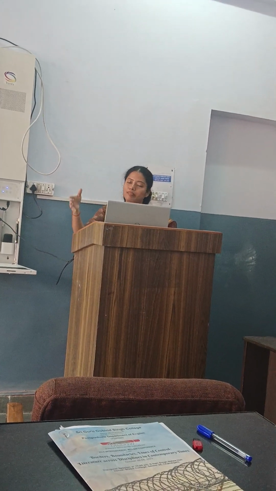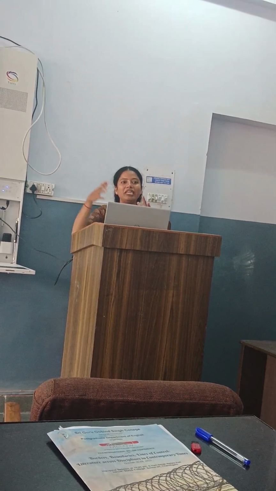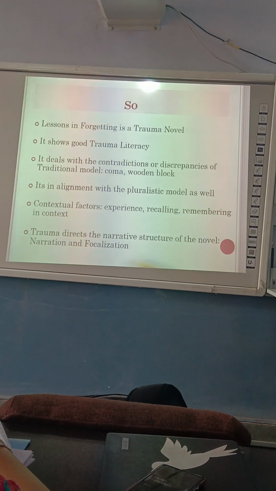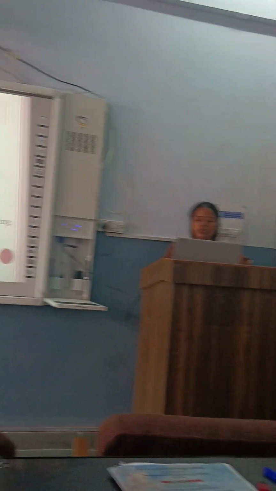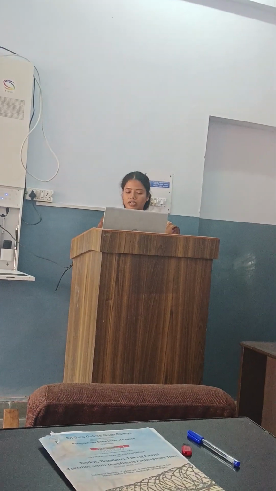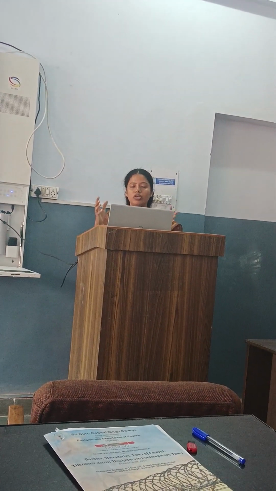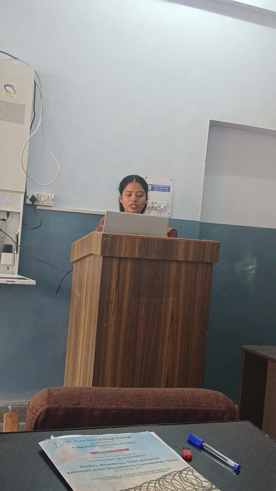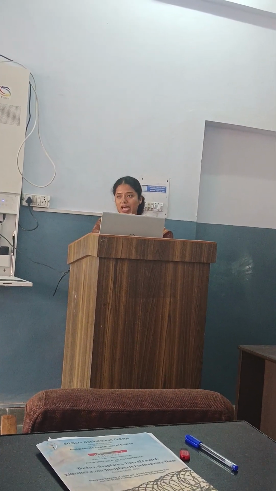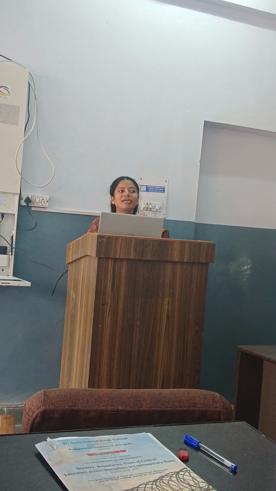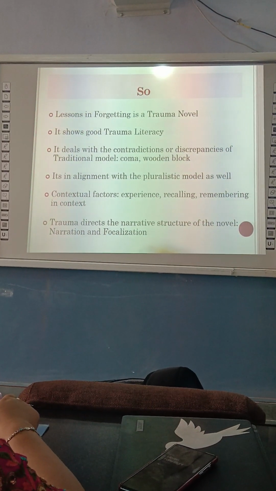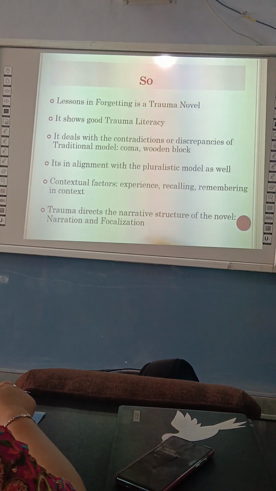It's in alignment with the pluralistic model as well because so many contextual factors come into play. And the contextual factors are experiences which have affected the experience and recalling and remembering of the traumatic event. And trauma, as I have explained, directs and inspires the narrative structure and design of the novel.